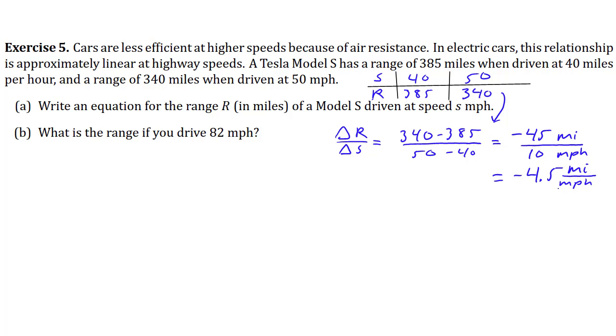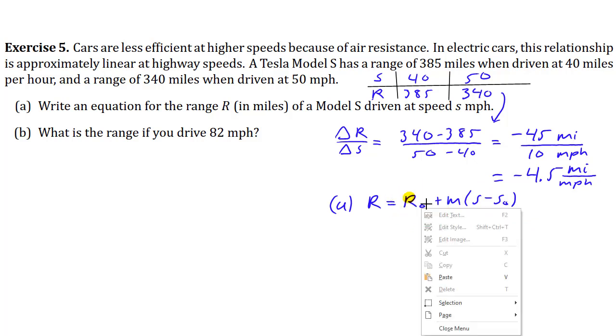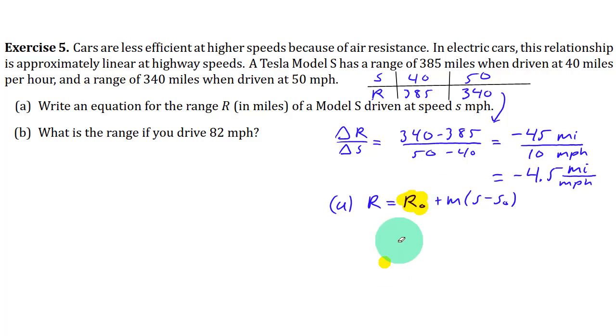Okay, so that's the slope. You can use that now to get an equation. The equation is going to be r equals r0 plus the slope m times s minus s0. The r0, s0 can be the values 40 and 385, or you could also use 50 and 340.